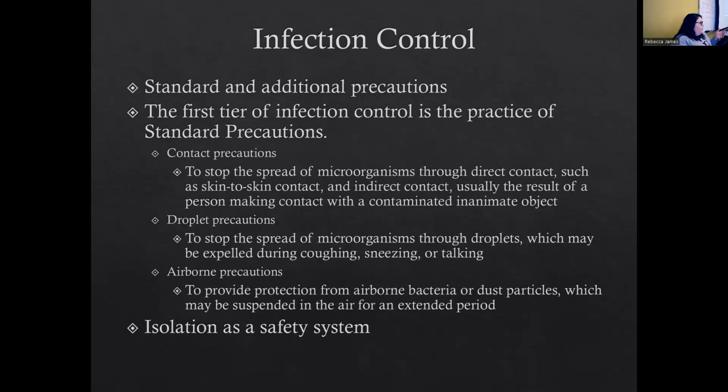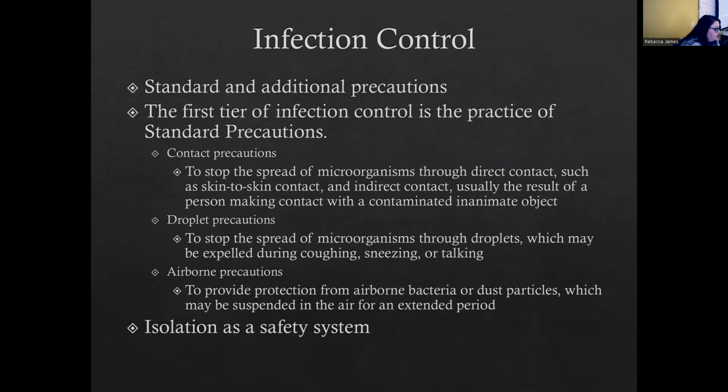If you follow those and treat all blood and body fluids like they're infectious, then you're preventing yourself from getting a disease. The standard precautions theory recognizes the need to reduce the risk for microbial transmission, including human immunodeficiency virus, which is HIV, from both identified and unidentified sources of infection.